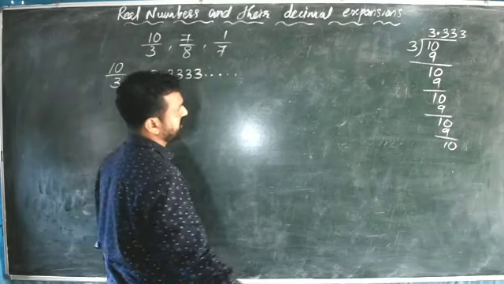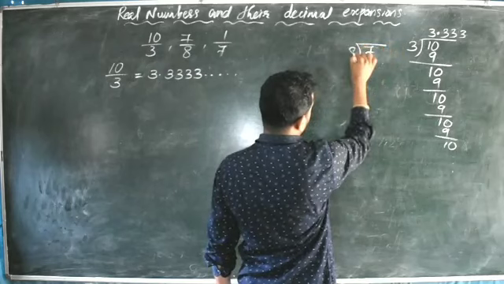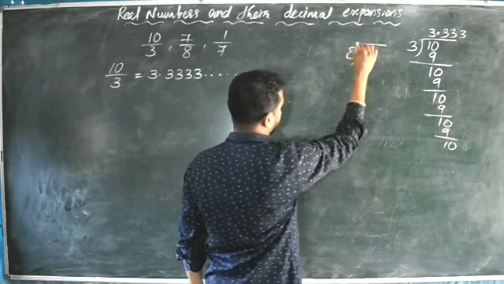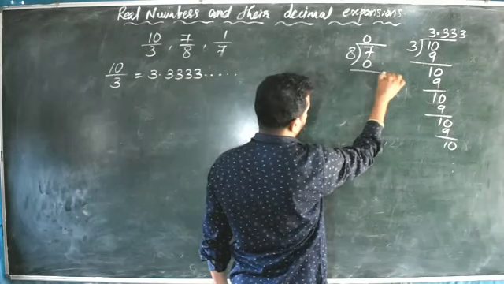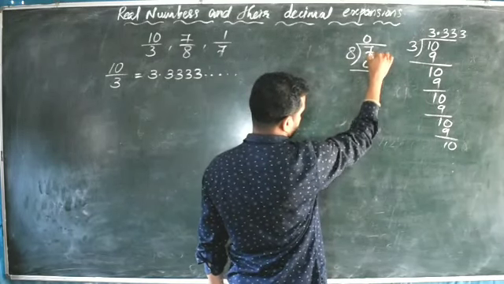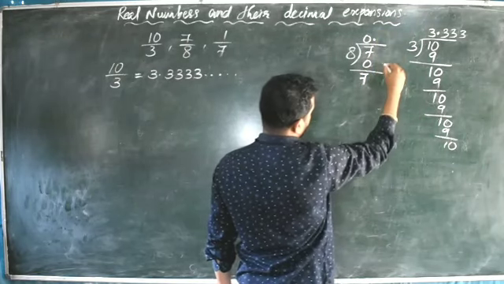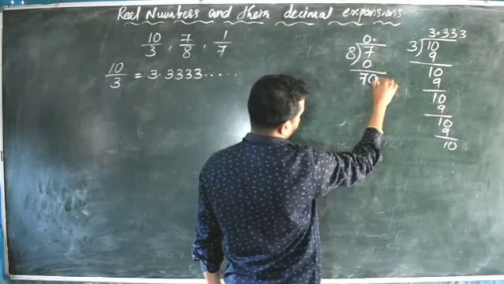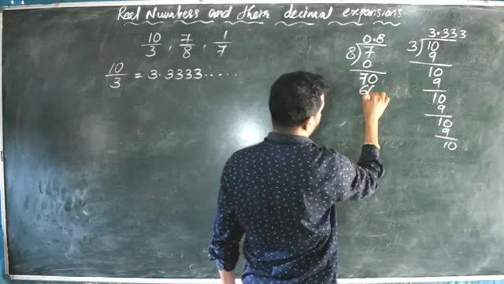7 divided by 8. 7 divided by 8 is not possible, so we put 0. 0 into 8, 0. 8 zeros are 0. Now the remainder is 7. After getting the remainder, we can put the decimal point there and 0 here. 70 divided by 8. 8 8s are 64.